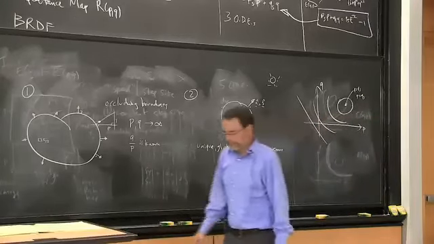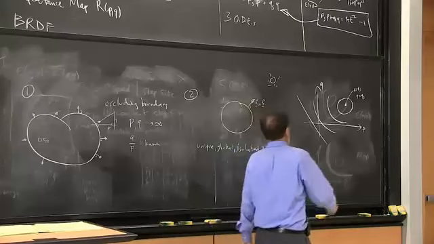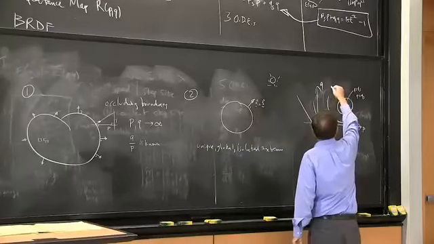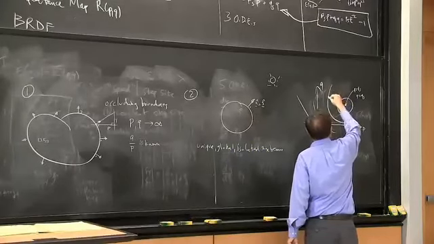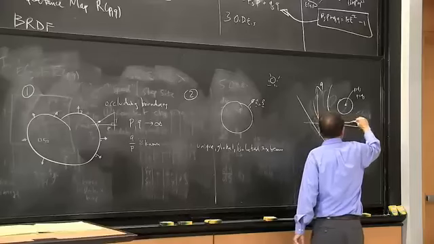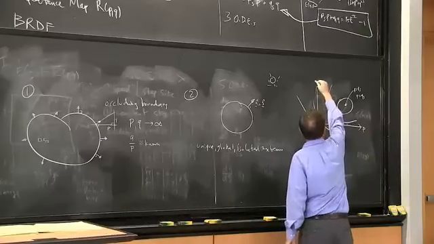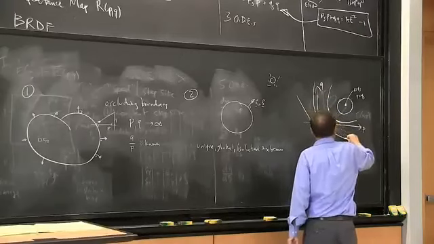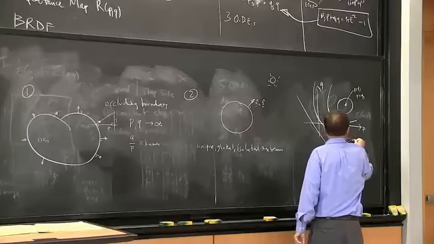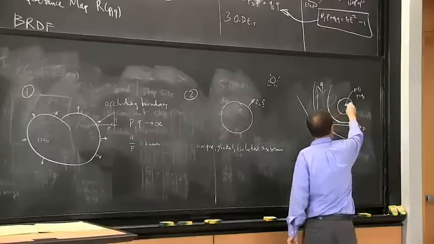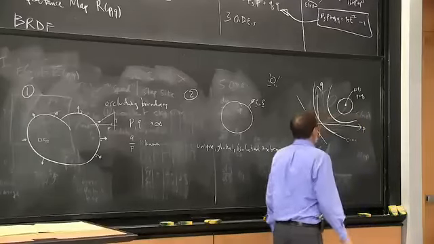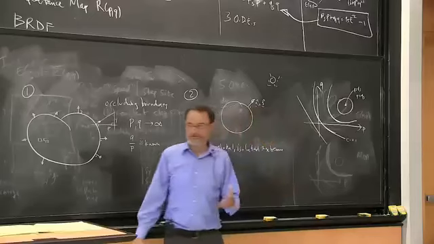Right? So most brightness measurements don't tell me the orientation. If I measure this brightness, well, it could be any one of those. If I measure this brightness, it could be any one of those. But if I measure that brightness, I have the surface orientation.